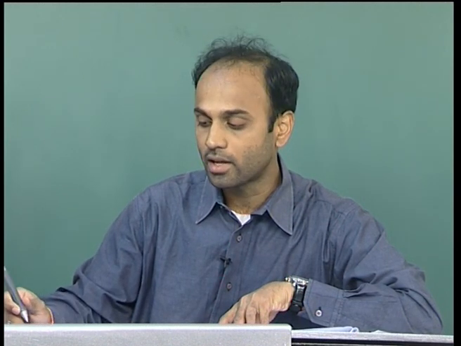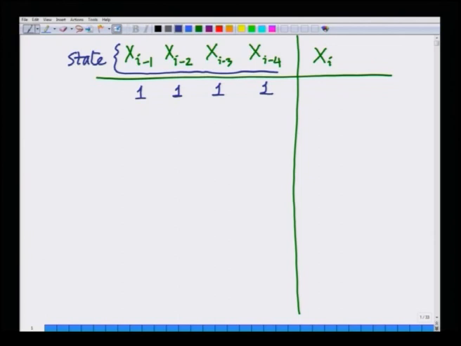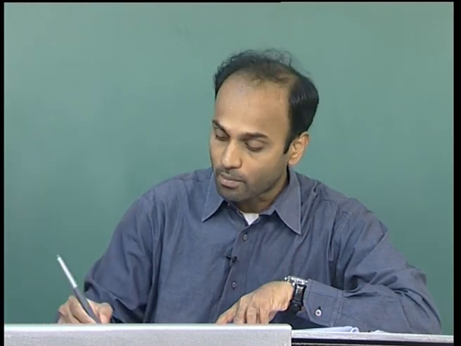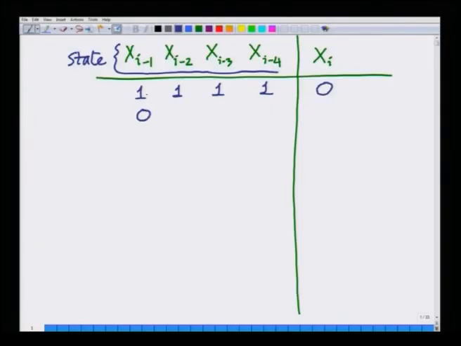Both are 1, hence 1 XOR 1 is 0, so xi is 0. Now, in the next cycle xi will go through the feedback register to become xi minus 1, xi minus 1 will become xi minus 2, xi minus 2 will become xi minus 3, xi minus 3 will become xi minus 4, and that defines the next state.